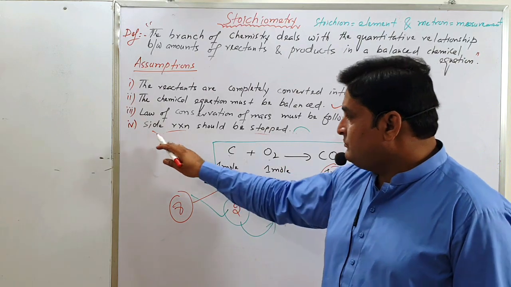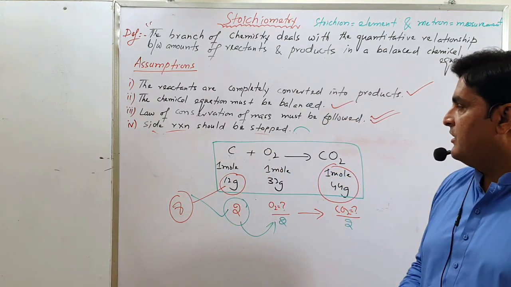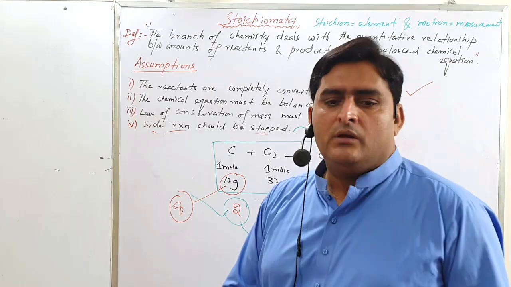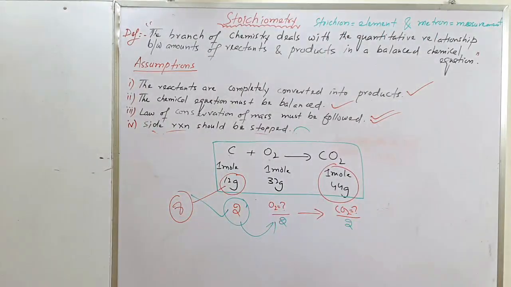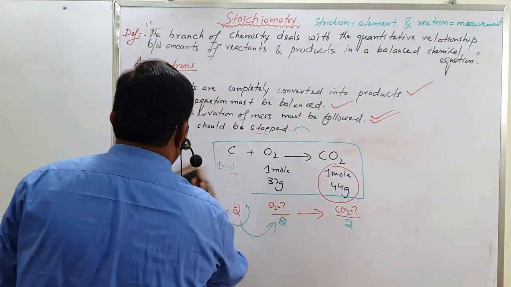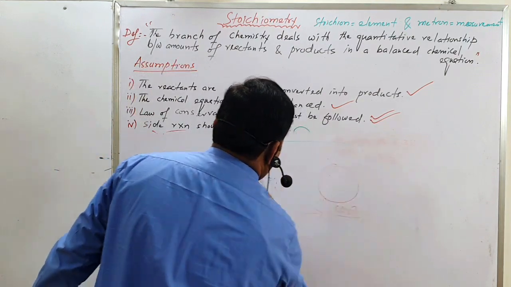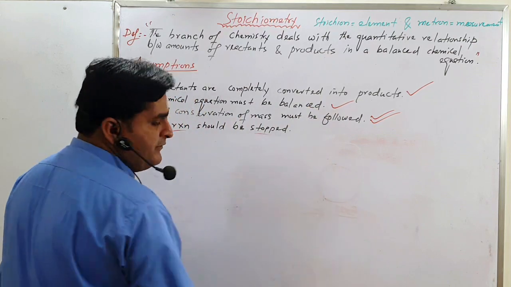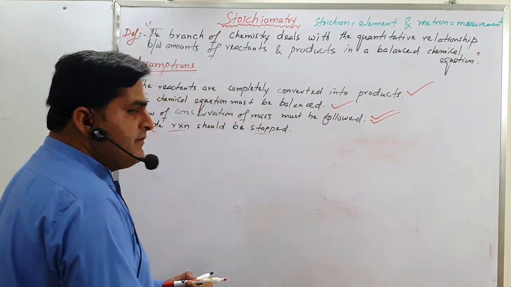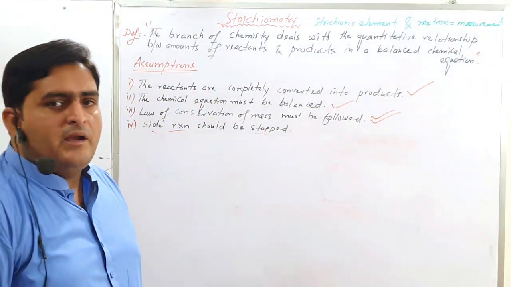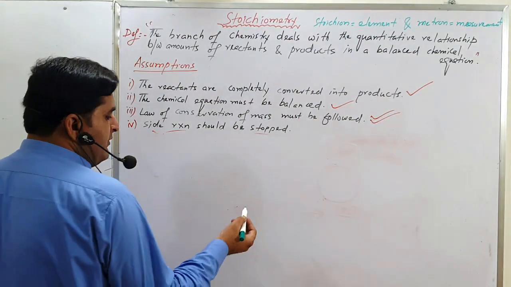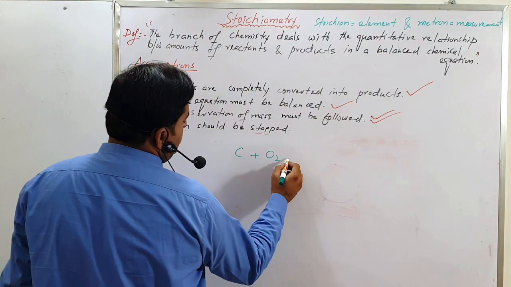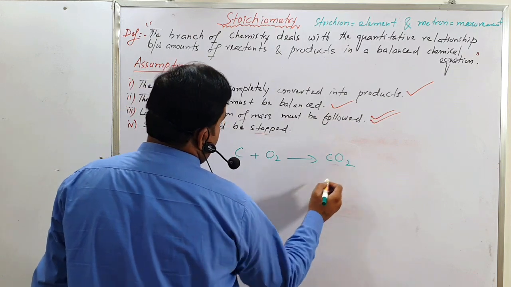Side reactions should be stopped or avoided. If a side reaction occurs, in this case, what to do? We have to stop that reaction. Otherwise, we cannot get the exact amount we are aiming for. For example, carbon plus oxygen gives carbon dioxide.